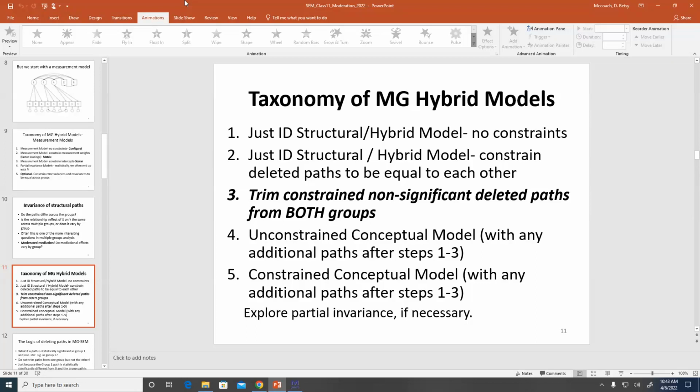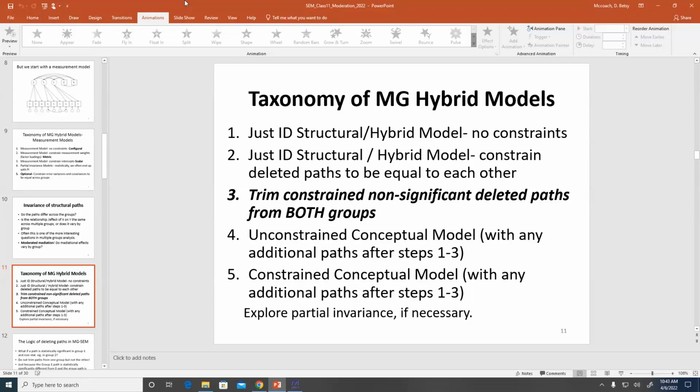You would not trim a conceptual path out of a model unless you could constrain it to be equal and it was also not statistically significantly different from 0 after you constrained it to be equal. So there's this optional step 6 of trimming.